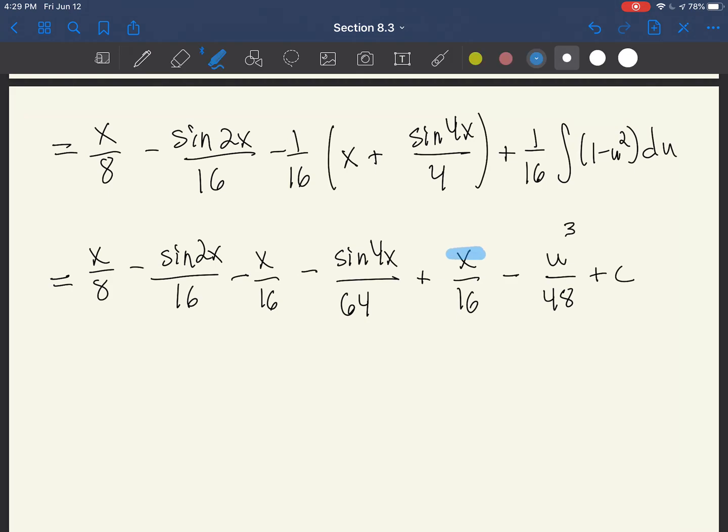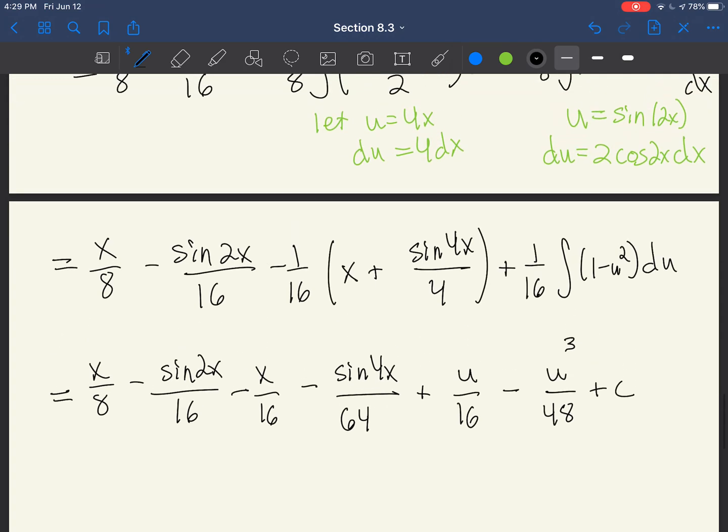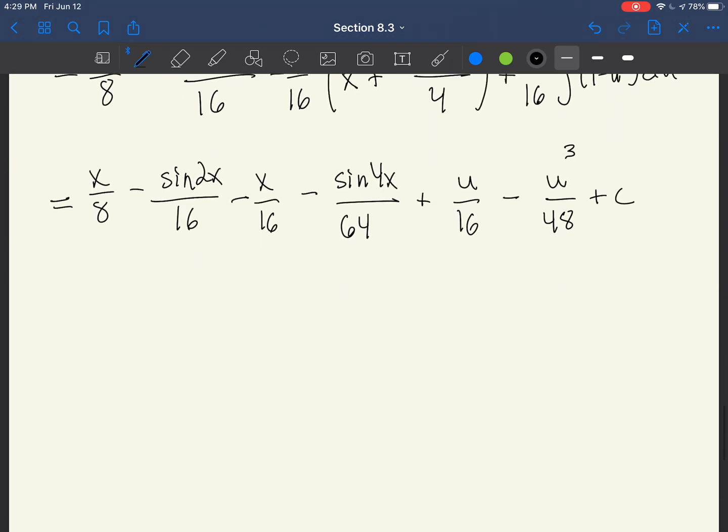And I made a boo-boo. We do not have x here, we have u here. So recall what u was. U was sine of 2x. Let's go ahead and plug that in.